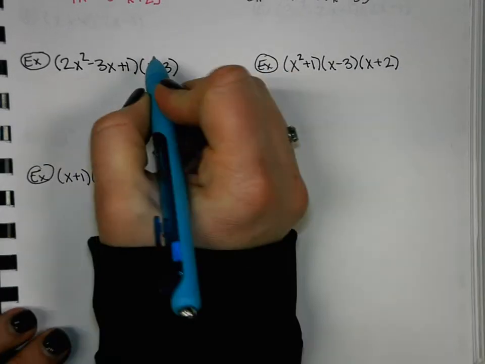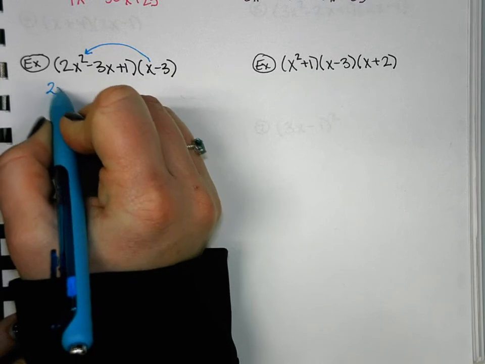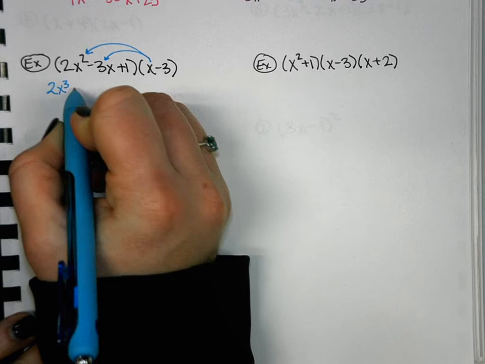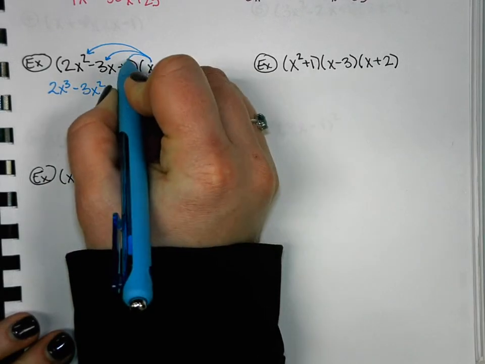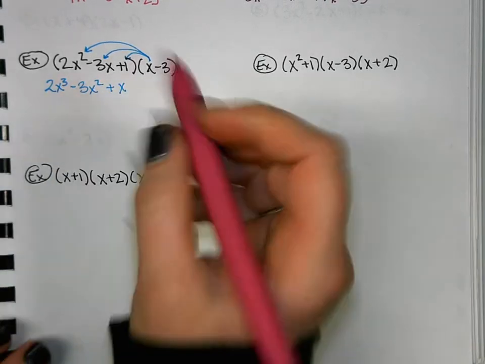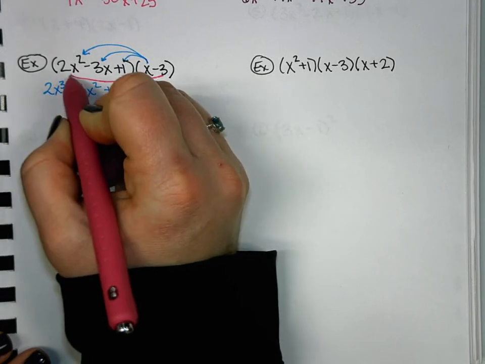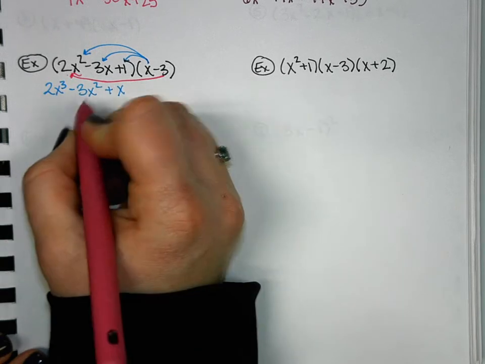Okay, so x times 2x squared, 2x to the third, x times negative 3x, negative 3x squared, and x times 1 is x. When I go to do negative 3, I didn't leave myself much room. Negative 3 times 2x is negative 6x squared.